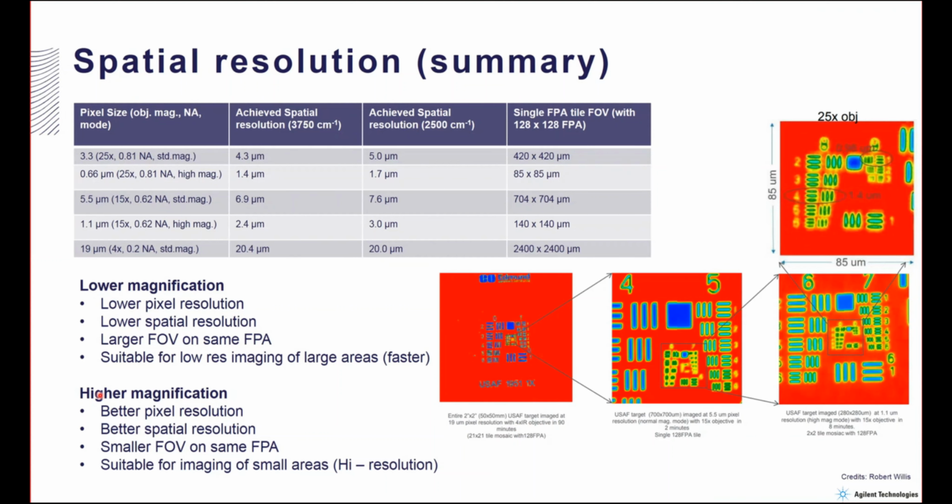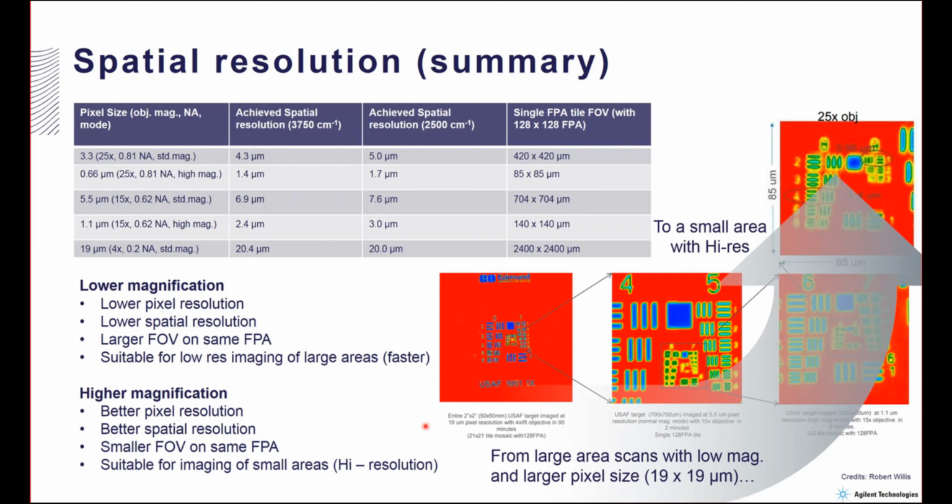On the other hand, when we use high magnification in our system, we have a better pixel resolution, a better spatial resolution, but we also have a smaller field of view of the sample using the same detector. High magnification analyses are suitable for imaging small areas where we need high resolution. We really want to see the details.